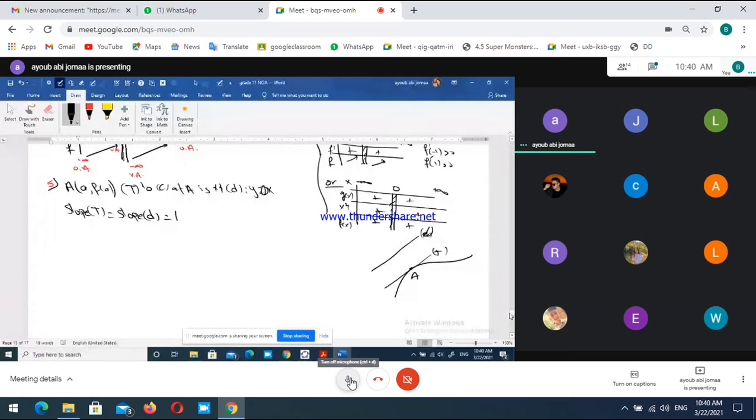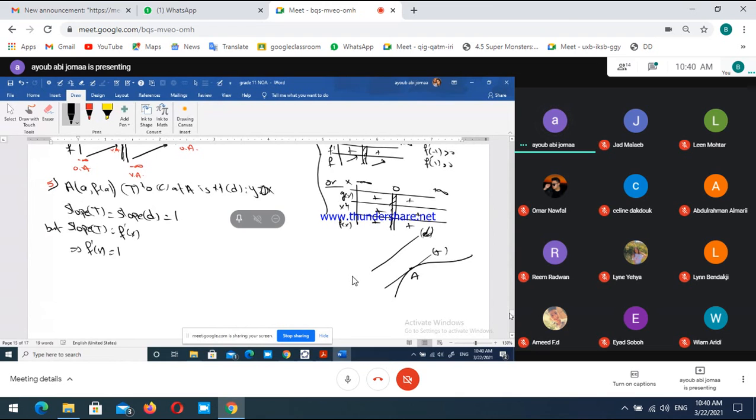The slope of line T is f prime of x, or let's say f prime of A. The slope of the tangent line is the derivative.